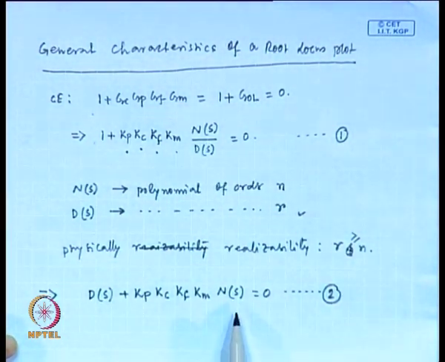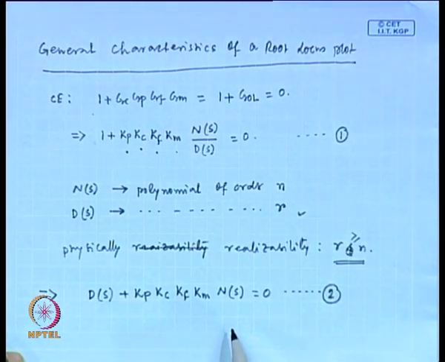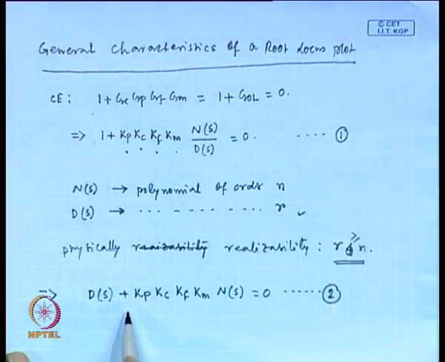Now, what is the order of this equation? r. Fine. If r is greater than n, then definitely the order of this equation is r. So, the number of roots of this characteristics equation is the number of poles of the GOL.